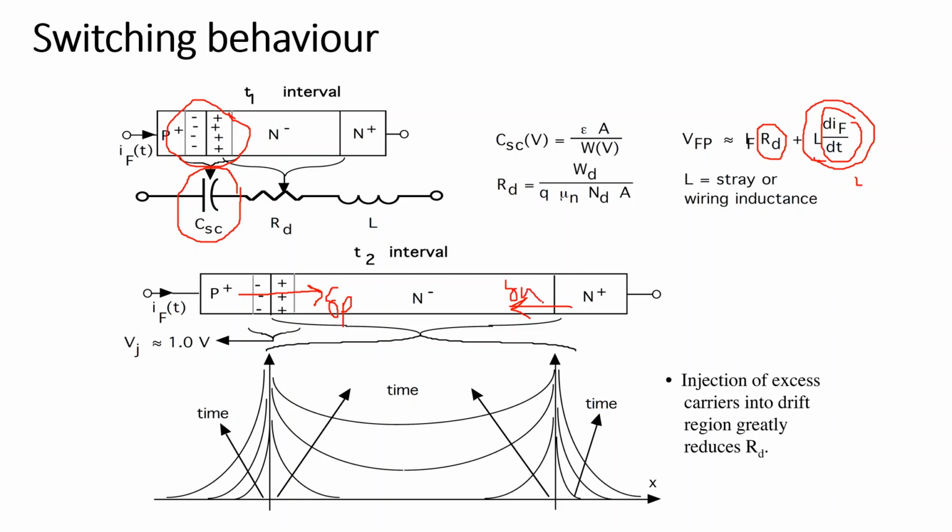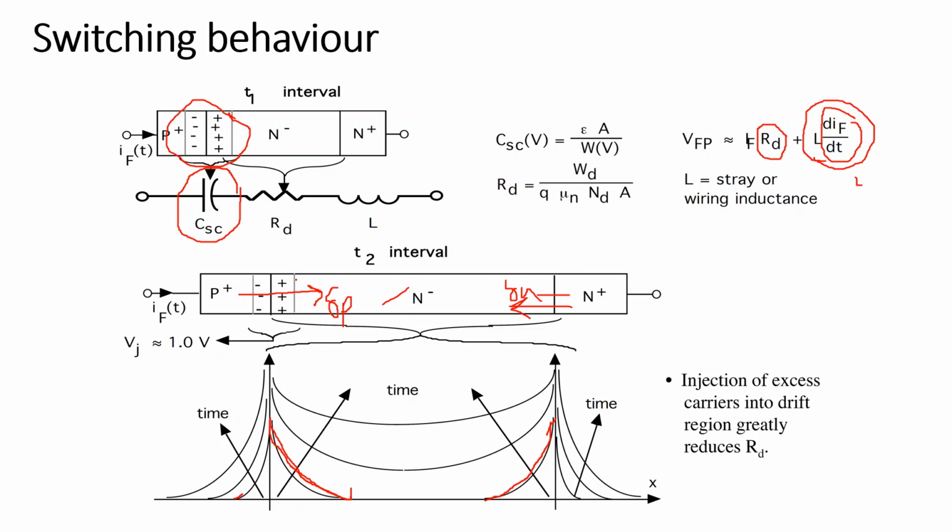So this can be seen in this curve, that we are getting a small delta p which is getting recombined in this n minus region and then going to 0, and as a result of this delta p, a small delta n enters from n plus side to n minus side, and it is recombining with the holes and falling to 0.